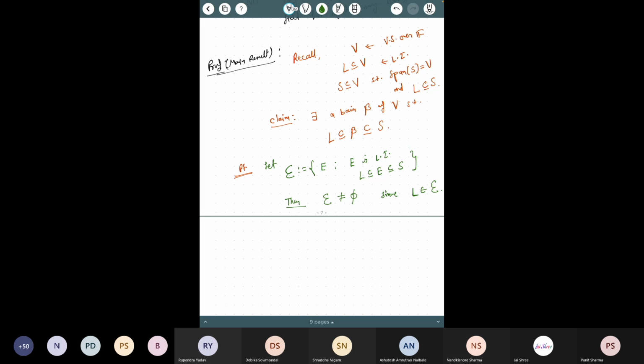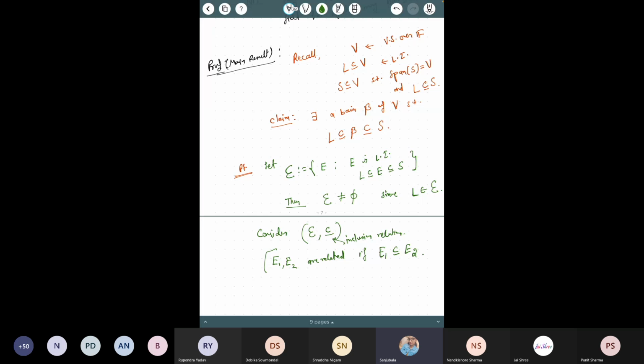Okay. Now consider the inclusion relation on this set. What do I mean by inclusion relation? It means two sets E1 and E2 are related if E1 is a subset of E2.